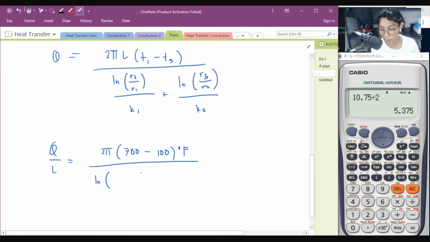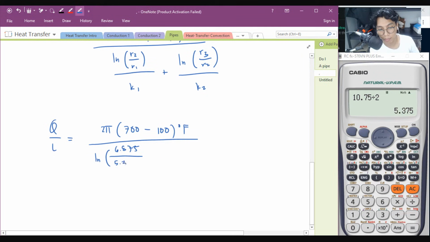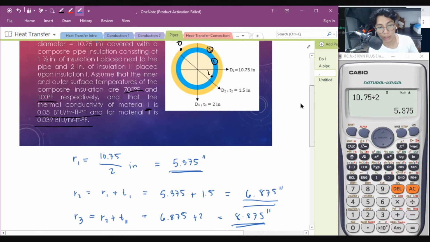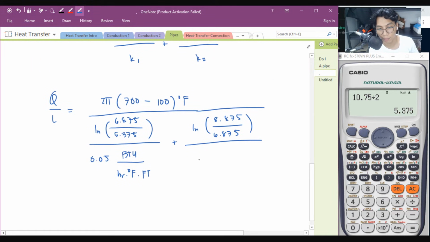Then natural logarithm, R2, that is 6.875, over 5.375, and then the thermal conductivity of item 1, that is 0.05 BTU per hour, degree Fahrenheit, feet. Then here, 8.875 over 6.875, divided by, what's the other one? 0.039 over hour, degree Fahrenheit, feet.